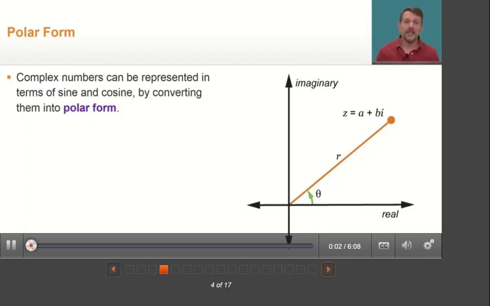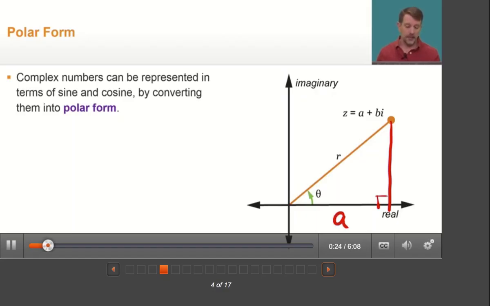Complex numbers can even be represented in terms of sine and cosine using what we call polar form. Let's consider the diagram. Using trig functions, we can define a in terms of cosine and b in terms of sine. We'll do that by first creating the right triangle.